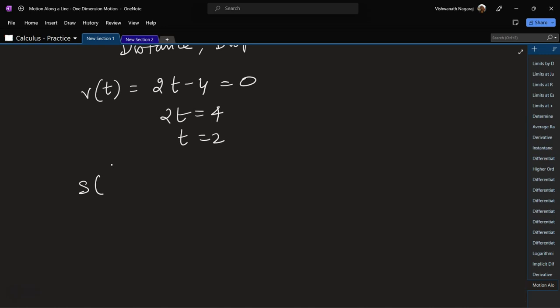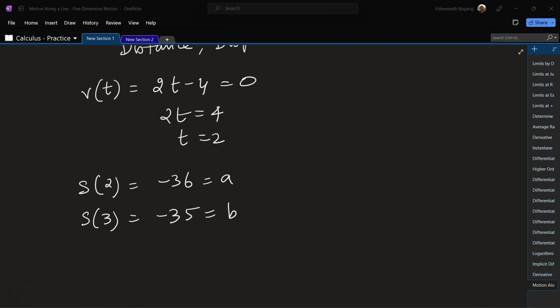So S of 2 would be equal to, again we do the substitutions, we get minus 36, and S of 3 is equal to, again if we do the substitution, we get minus 35. Now here there is only one interval, so since there is a single interval, we can directly figure out the displacement.